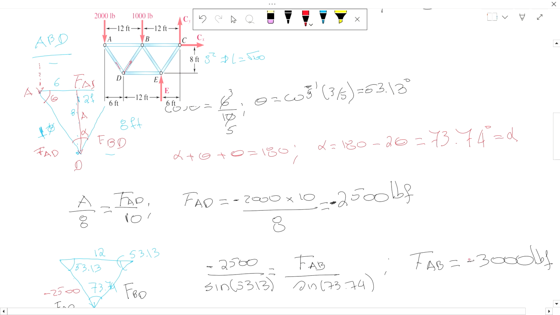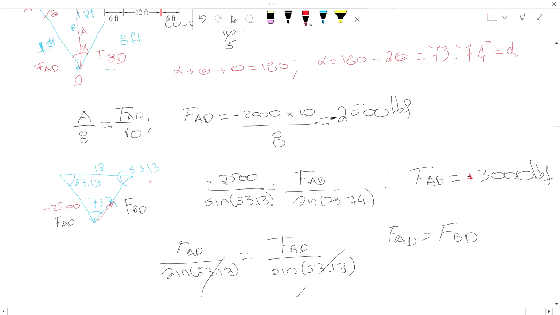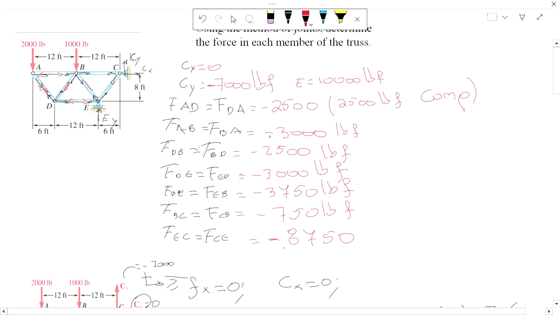So FA to B is positive. Since FA to D we found, yes, this one is going in tension. So this is positive, 2500.